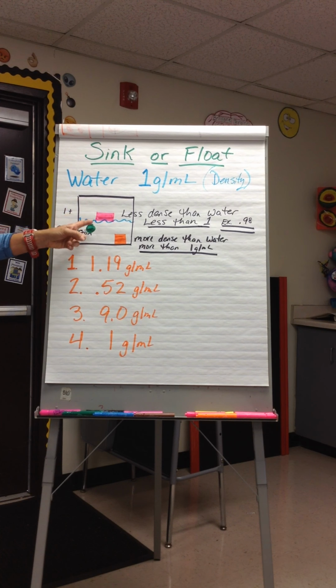Number 4 is a little tricky. That's why you have 1 here, 1 here, and 1 here. If it's the same as water, then it would be suspension. It's in the middle.